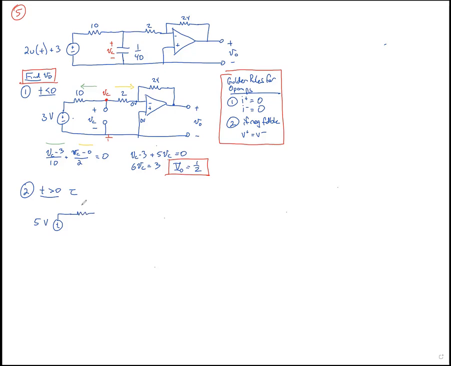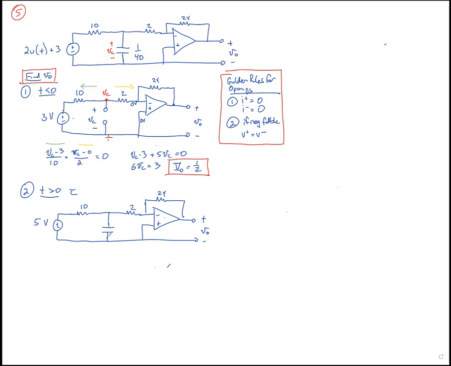And it's pushing through our 10 ohm resistor. And we've got our capacitor over here, and we've got our 2 ohm resistor here, and this op-amp here. And our goal is to find what impedance this capacitor sees.